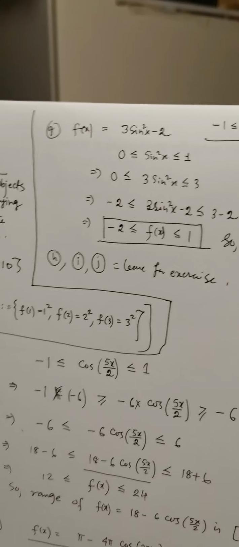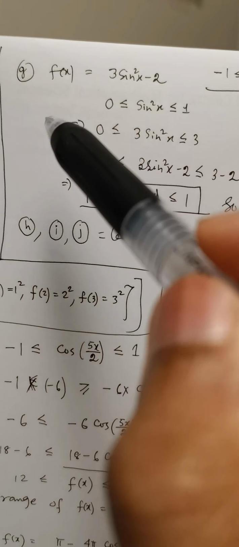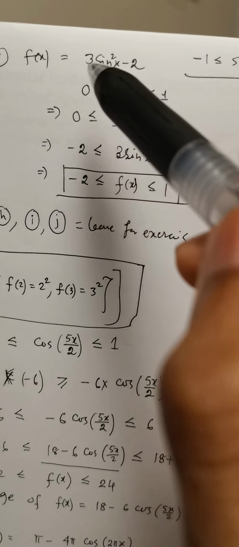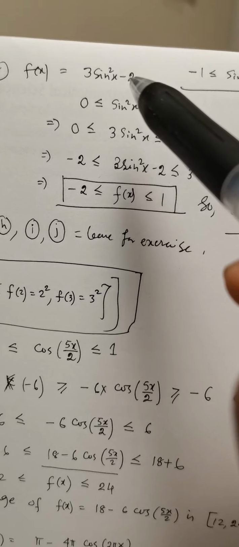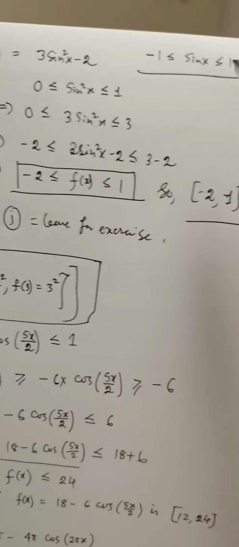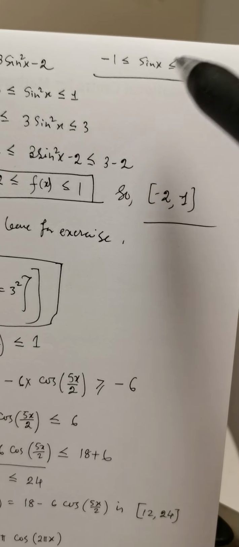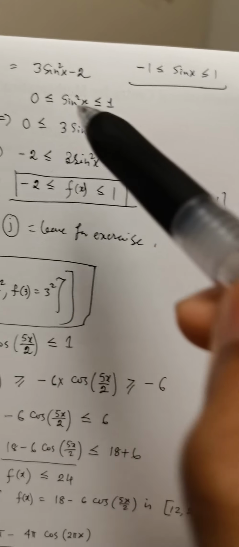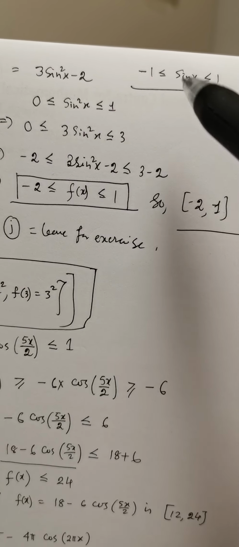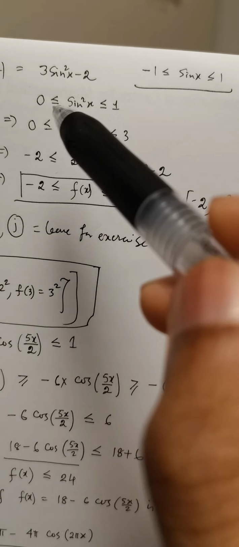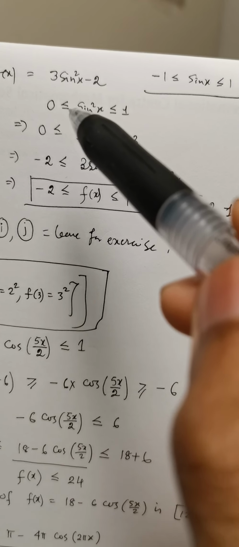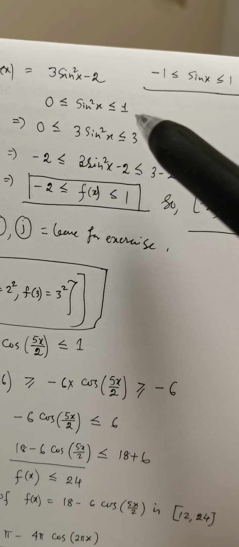Now this is another one. They ask you to find the range of 3 sine square x minus 2. Now, if -1 is less than or equal to sine x, which is less than or equal to 1, then what happens if you take the square of all sides? Sine square x becomes between 0 and 1.